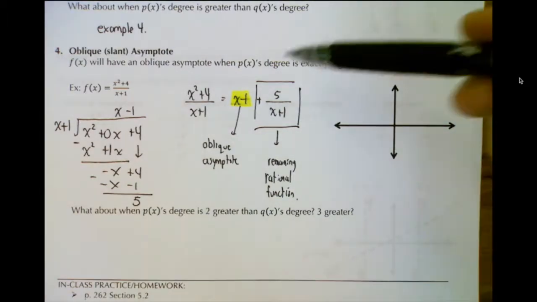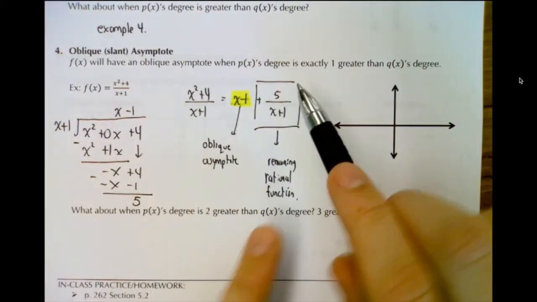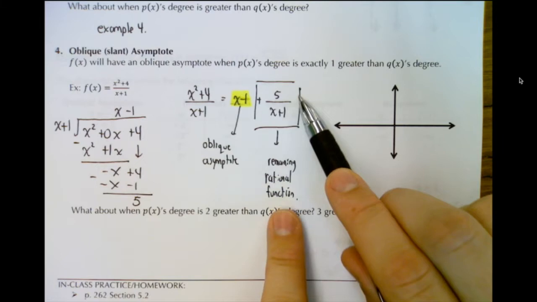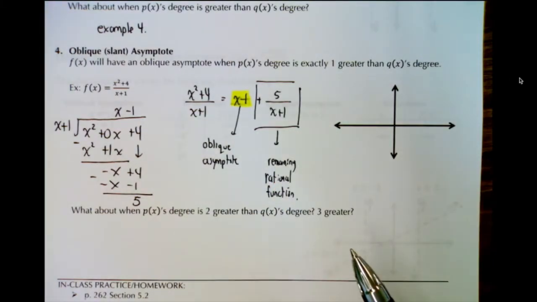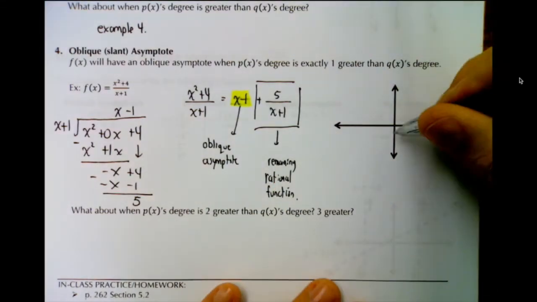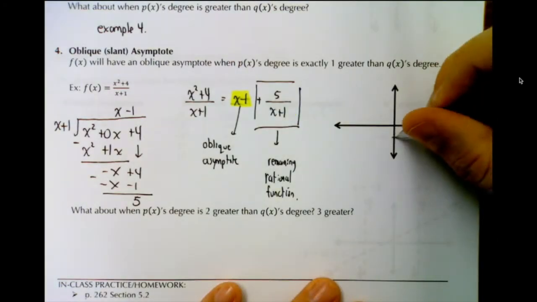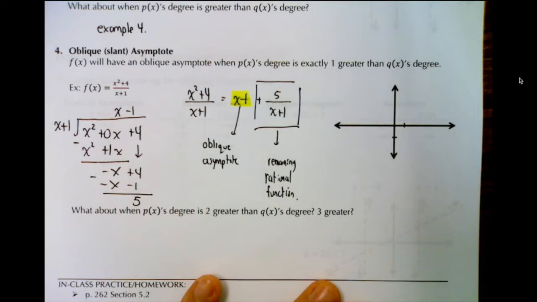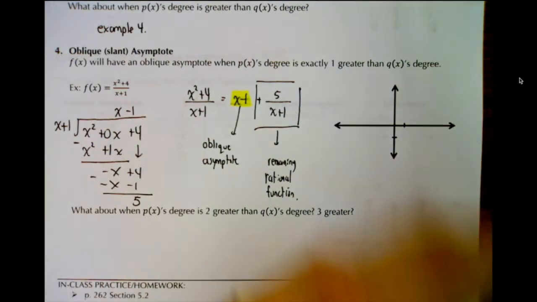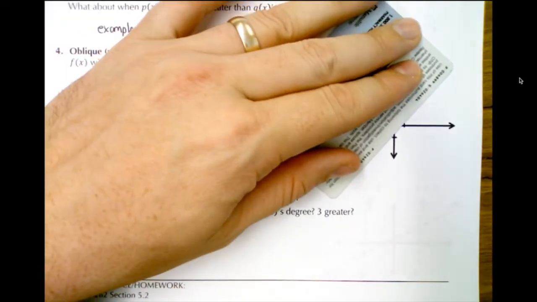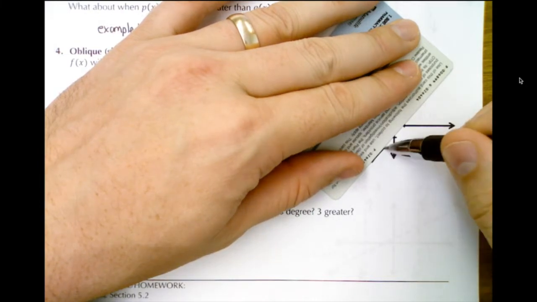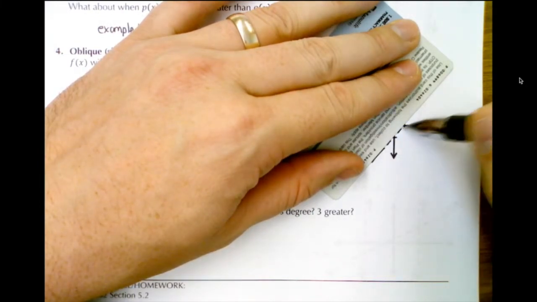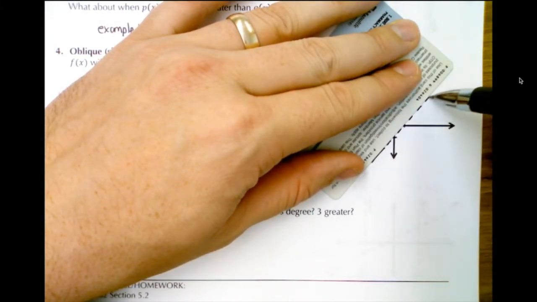But since we don't divide evenly, and we have a remainder, this tells us that we have a rational function left over with an oblique asymptote of x minus 1. What that means for our equation, well, minus 1 is the y-intercept, and the slope is 1, so that means we go through 1, 1, and our graph would look something like this. By graph, I mean asymptote.